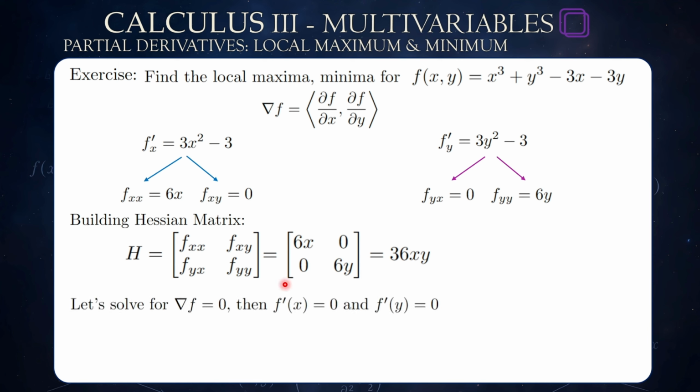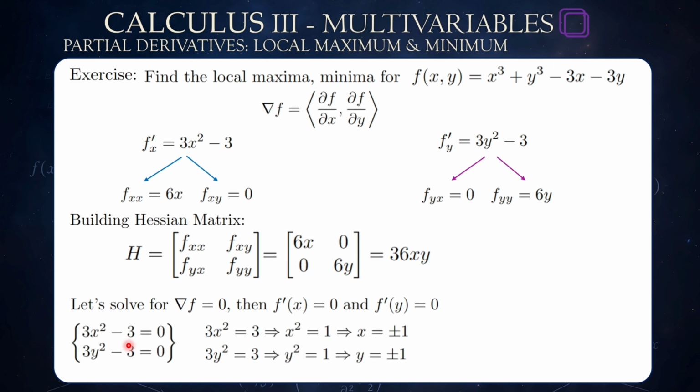Let's solve for nabla f equal to 0, which means f prime x equals 0 and f prime y equals 0. Let's place them in a system of equations. So 3x^2 minus 3 equals 0, 3y^2 minus 3 equals 0. Then 3x^2 equals 3, so x^2 equals 1, and y^2 equals 1.